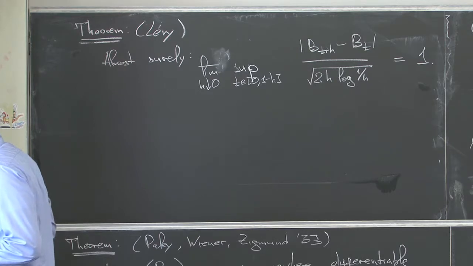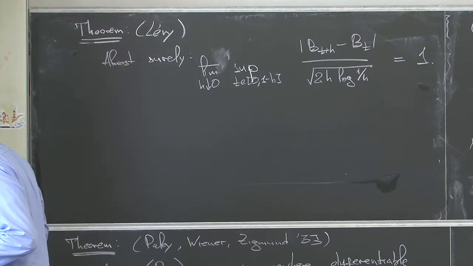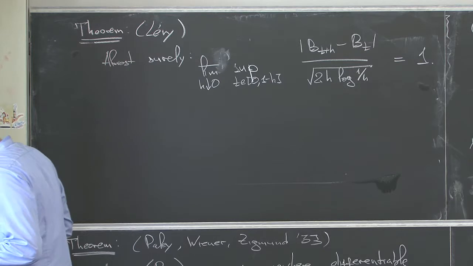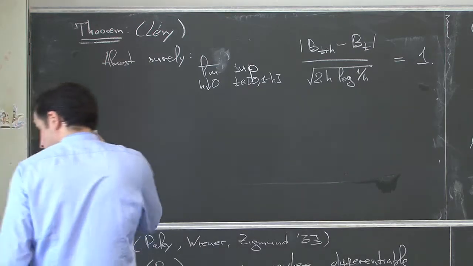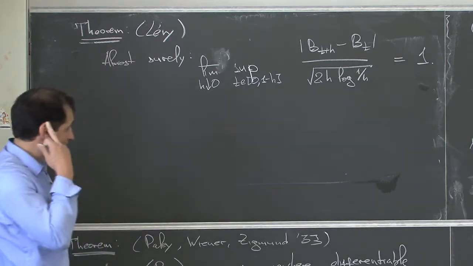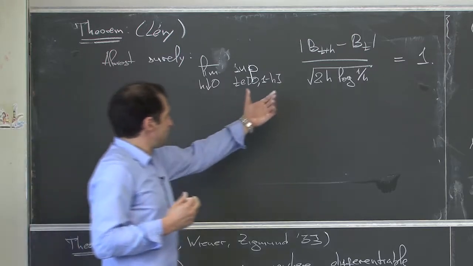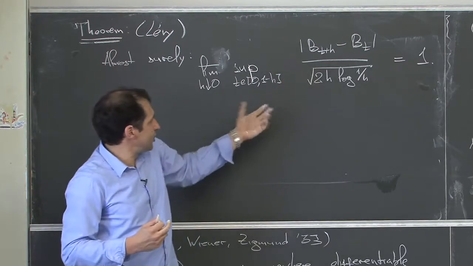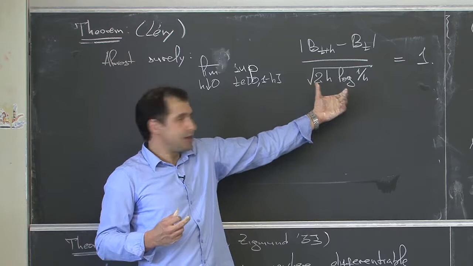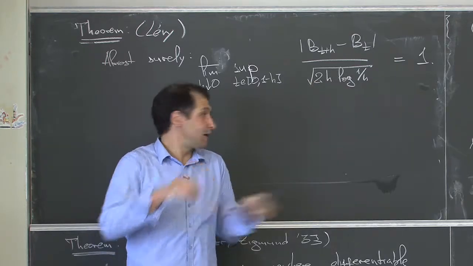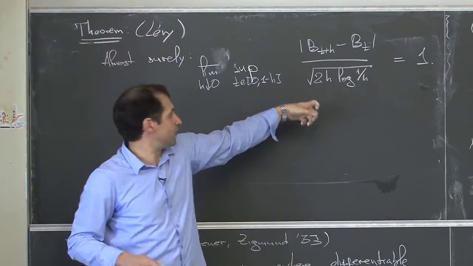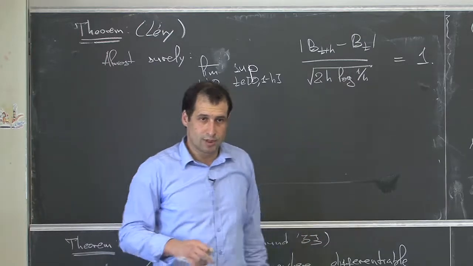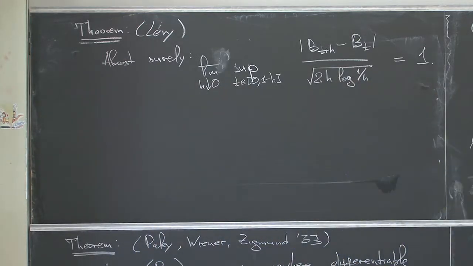So here, where do we? We're here. Okay, good. So basically, what's written is that the explicit modulus of continuity of this function is square root of h log 1 over h. Okay. Again, what is important is the type of this statement.